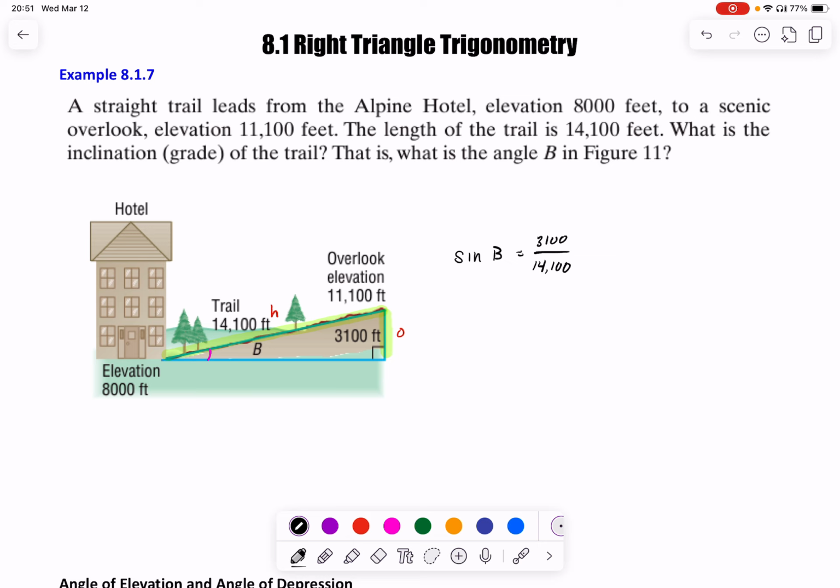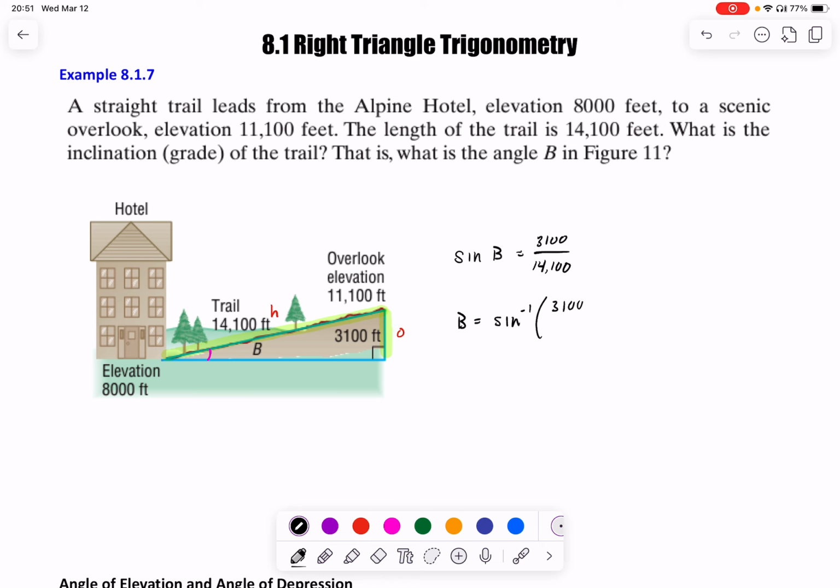And so we know if the sine of B is equal to that ratio, then by taking the inverse sine, angle B will be equal to the inverse sine of that ratio.